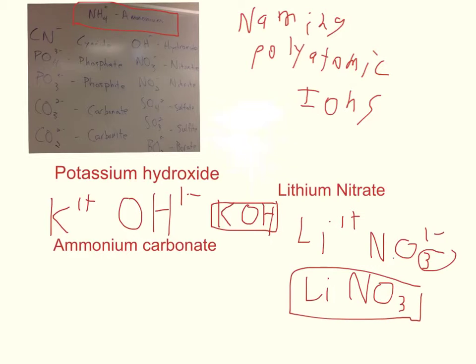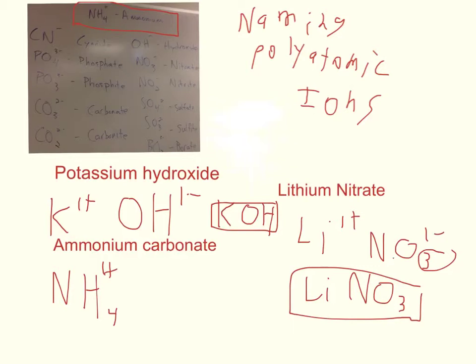And I can show you an example of what happens when an oxidation number needs to go there. So in ammonium carbonate, we're going to do NH4 with 1 plus, and then a 4 right there.